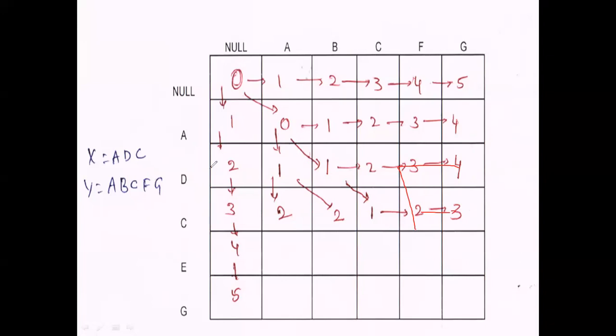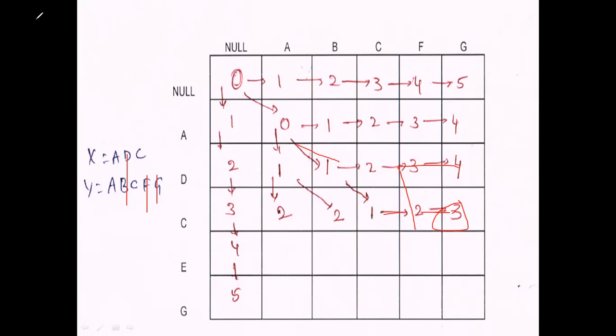That means ADC converted into A, B, C, F, G: 2 delete operations and 1 replace operation. The total number of operations is 3. 1 replace operation is represented by the diagonal, that is, the diagonal represents the replace operation, and 2 delete operations.